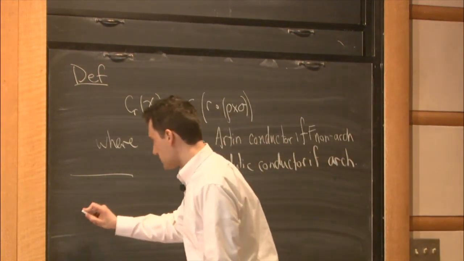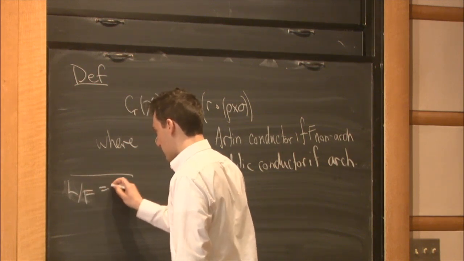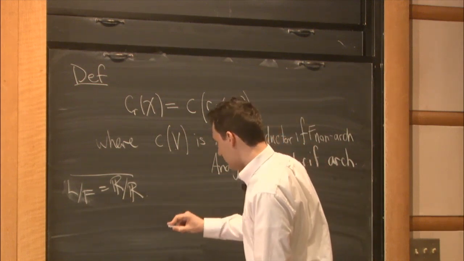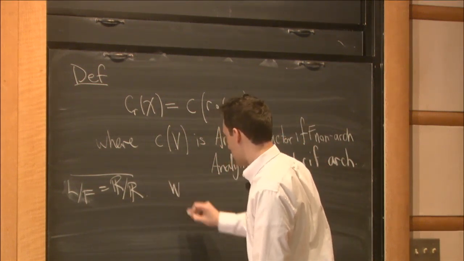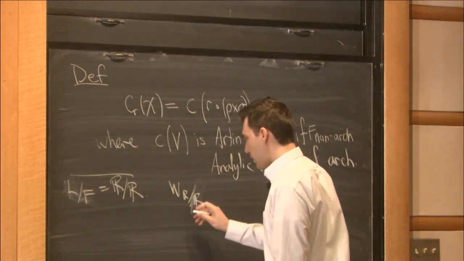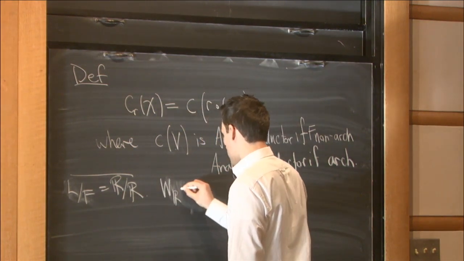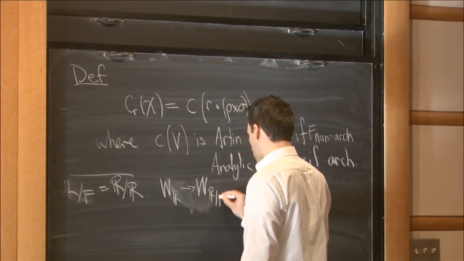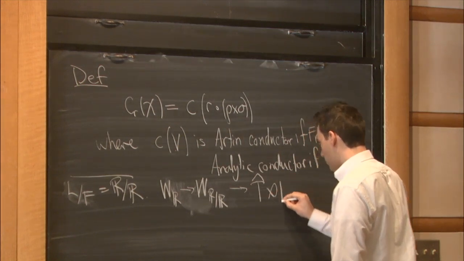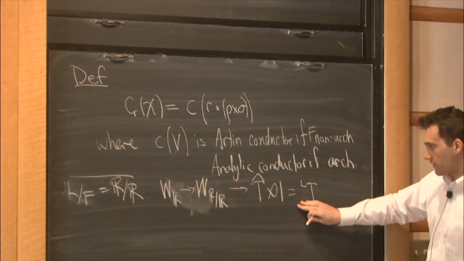Let's suppose L over F is like C over R, so let's say my torus is split over R. Then if I go W_R to W_R over R to T hat semidirect 1, because I'm in the split case, this is just locally the L group in the local setting.